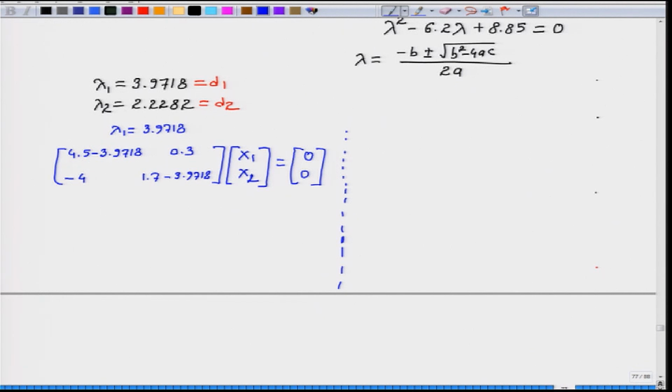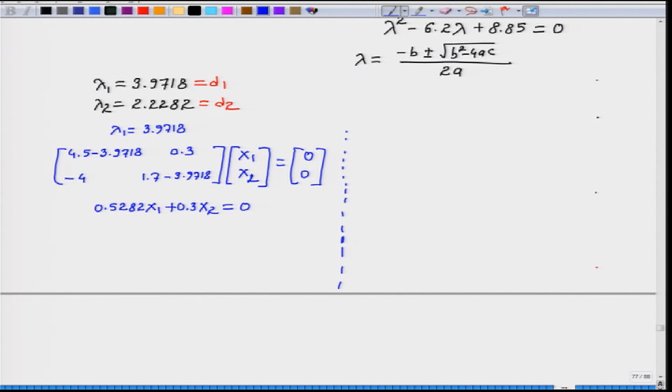We will get two equations, and we can solve any one of them. So, we get 0.5282 x1 plus 0.3 x2 equal to 0. The second one basically gives the same equation. So, we have two unknowns but only one equation, so we can fix one value and get the other one. This indicates why we take the matrix P with diagonal elements being 1.